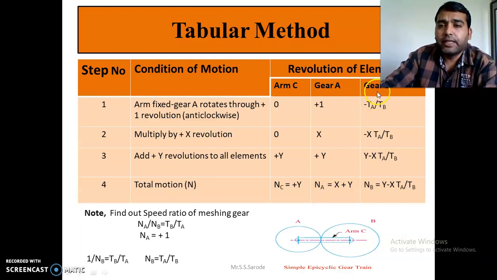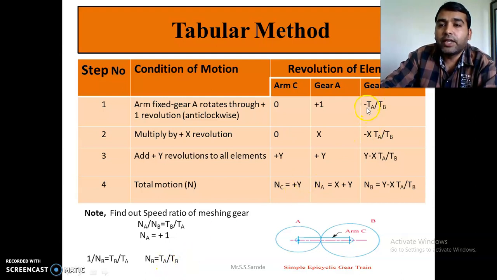Now gear B. Gear A and gear B are meshed with each other, that's why we find the speed ratio. Speed of driver upon speed of driven equals number of teeth on driven to the number of teeth on driver. So NA upon NB is equal to TB upon TA. But for +1 revolution of gear A, NA is equal to +1. We put this value in the equation and get NB equal to minus TA upon TB.